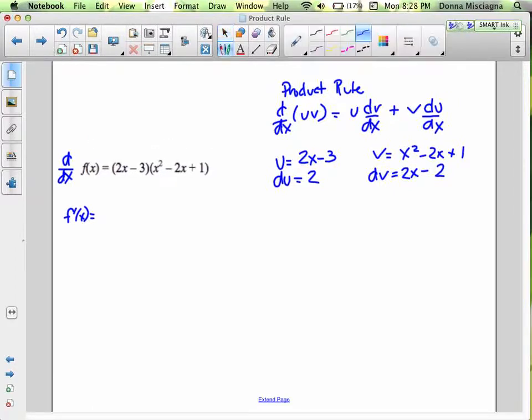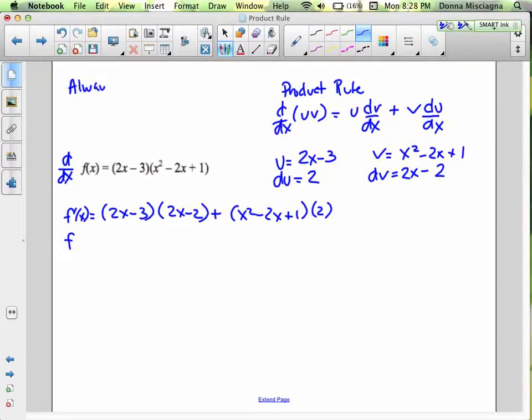So f prime of x is equal to the first, 2x minus 3, times the derivative of the second, so that's 2x minus 2, plus the second, x squared minus 2x plus 1, times the derivative of the first, which is just 2. Now we'll just multiply and combine our like terms.